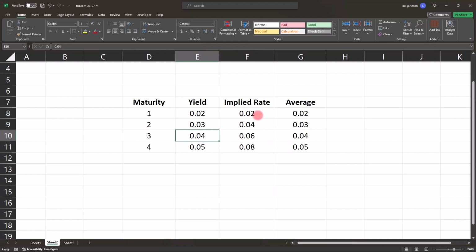What's the average for all 4 of these? It's 5%. That's just taking 8, 6, 4, and 2, adding them up and dividing by 4. So the average is 5% of these implied rates, and that is exactly how the market is pricing the 4-year note. So again, what the yield curve shows us right here, remember these are actual numbers that we are observing in the market.